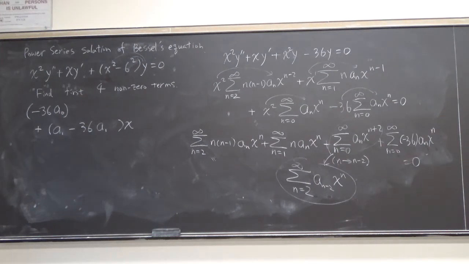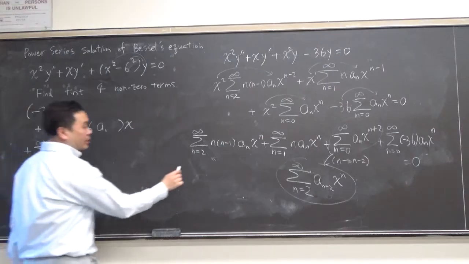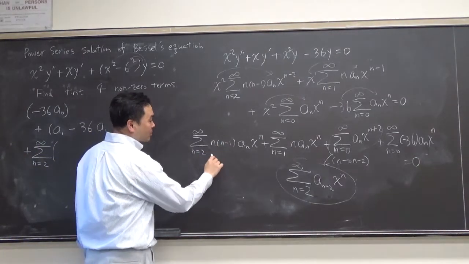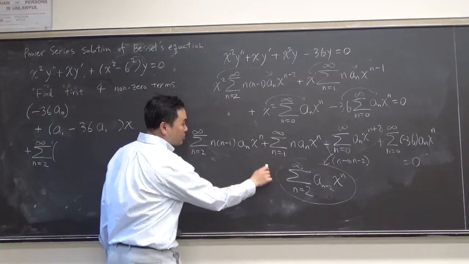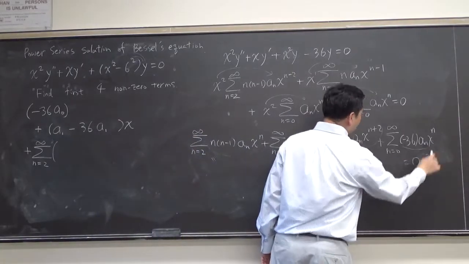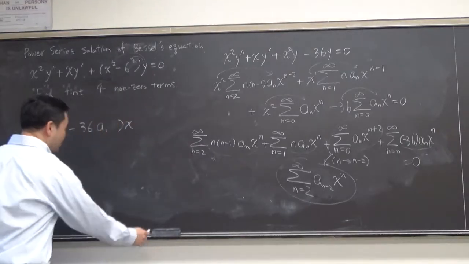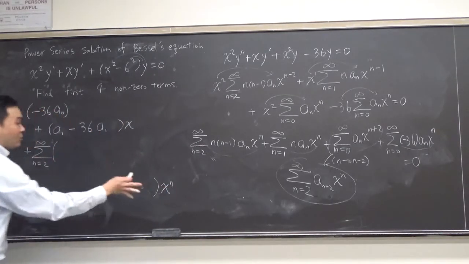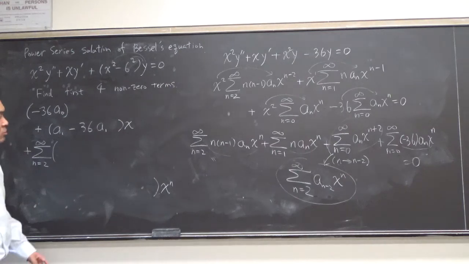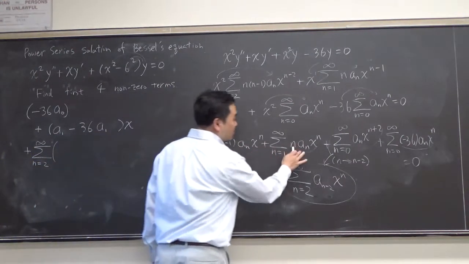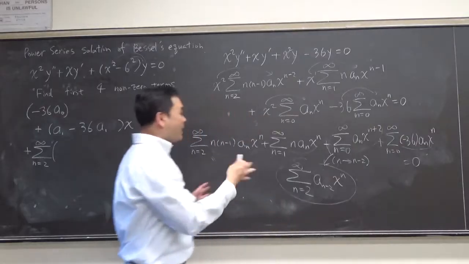Then after 1, everything can be put into a single sigma starting from 2. So let's do this. This one and this one all have a n's in there. I will factor out the x to the nth power, but I also want to put these together with a n factored out.